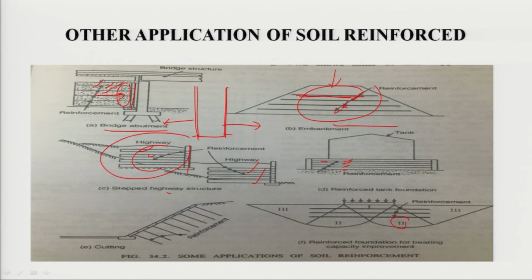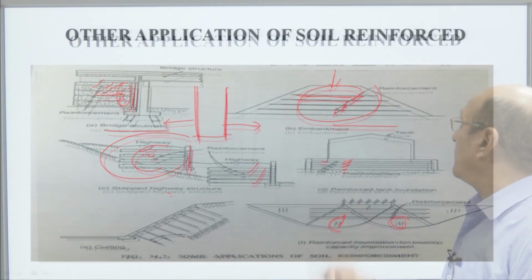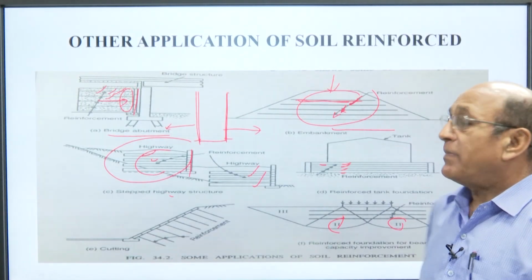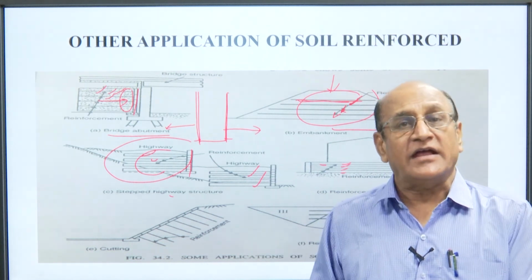This is zone 2. So, with the stress borne, the punching failure may not occur at all. So, not only have we discussed many applications of soil reinforcement, but there are many places where it has been used.